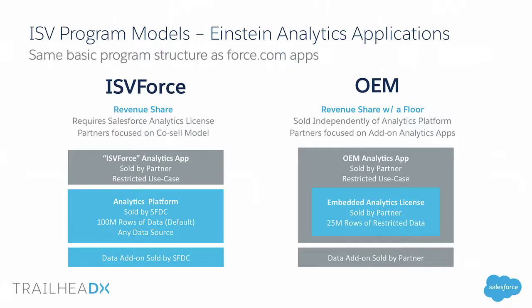The second model, which is also very prevalent, is what we call the OEM model, where you're selling to a net new customer of Einstein Analytics, so you're giving them access to the underlying platform. It's a little bit limited compared to what we would distribute from a direct standpoint, but it'll give them access to Einstein Analytics plus whatever IP, plus those dashboards that you've created, so that they can make use of your solution.